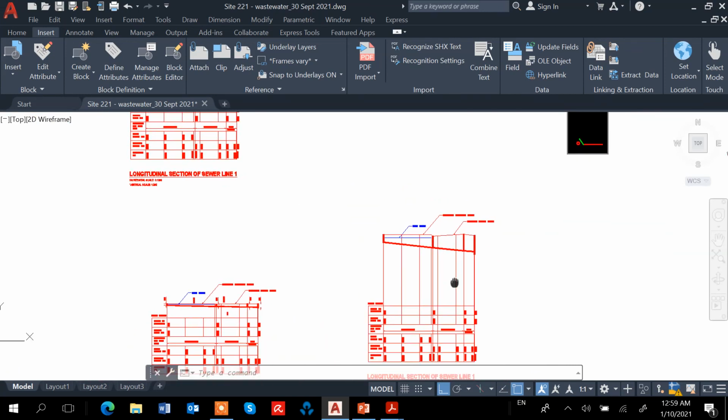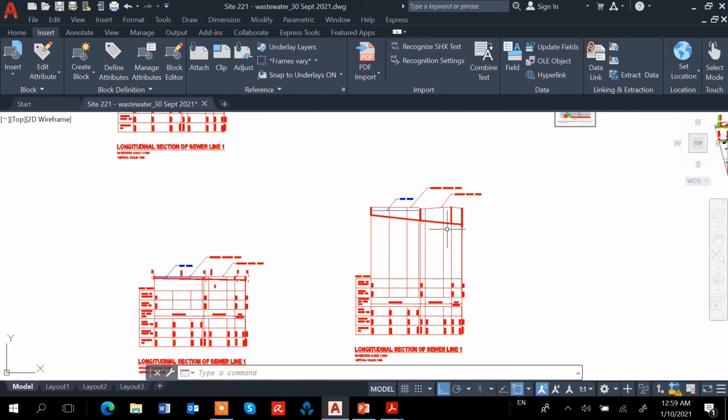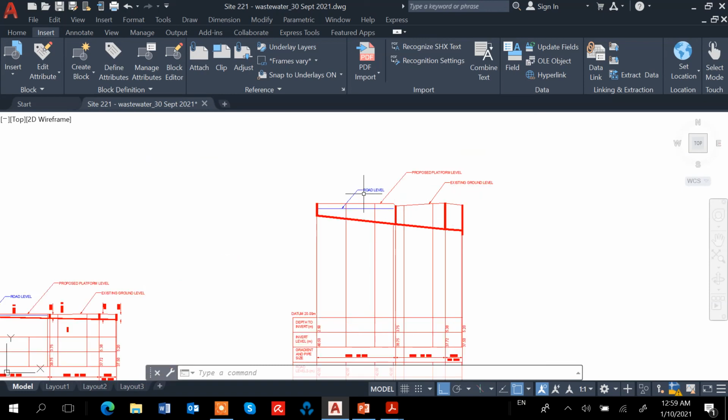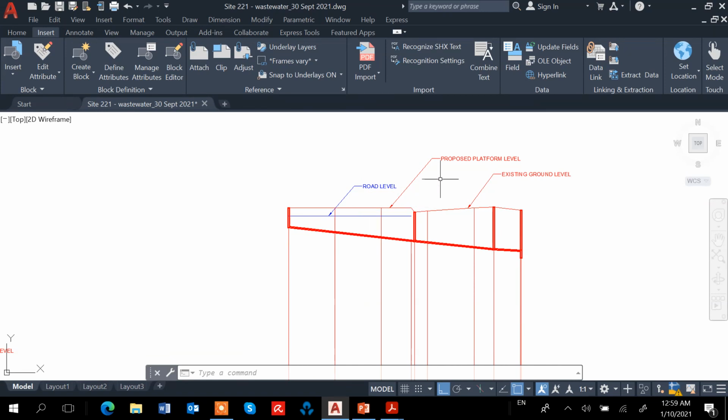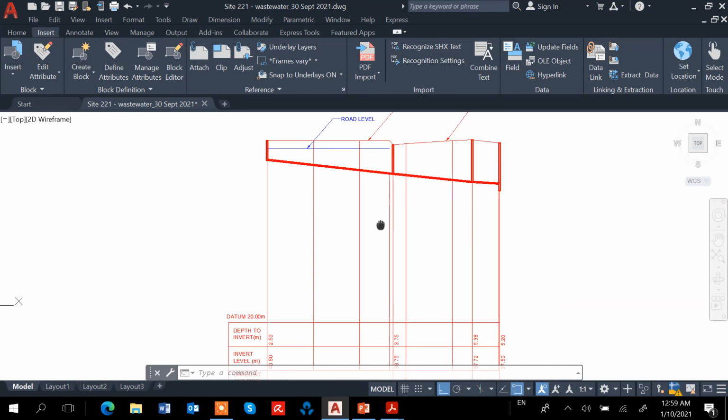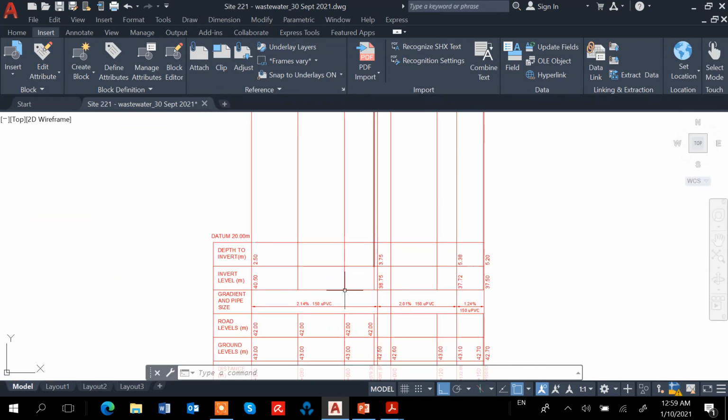But after that, I pull up, I block it, and then go to the property, and I pull up the Y scale 5 times to 5. The rest is 1, and then I label them. This is road level, this is the proposed platform level, and this is the existing ground level. So I got all these things.